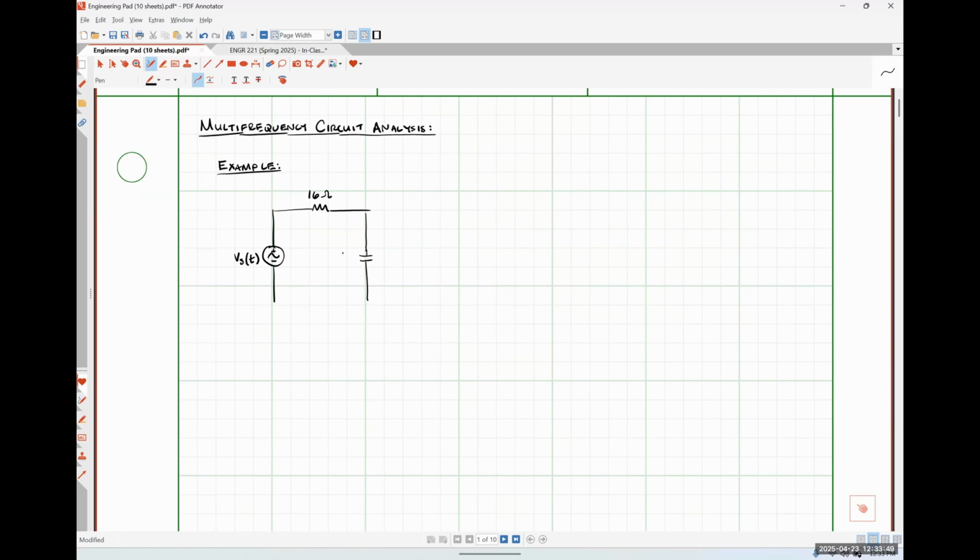This will be a 1/5 of a farad capacitance. This will be a 2 Henry inductance.